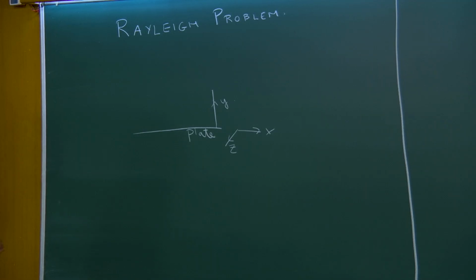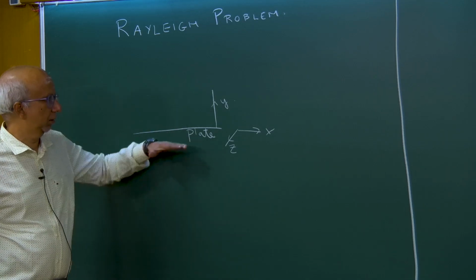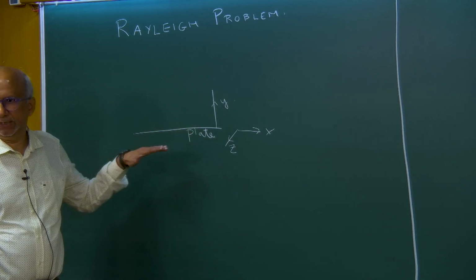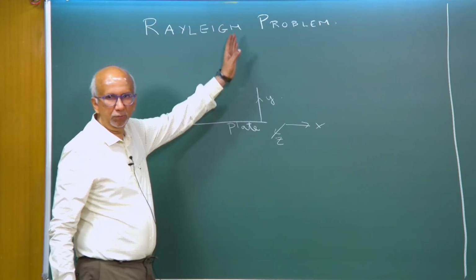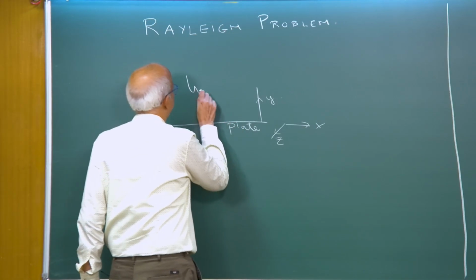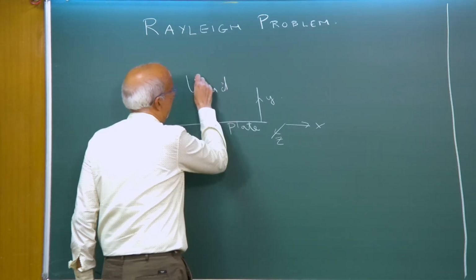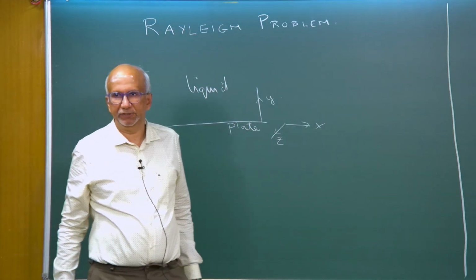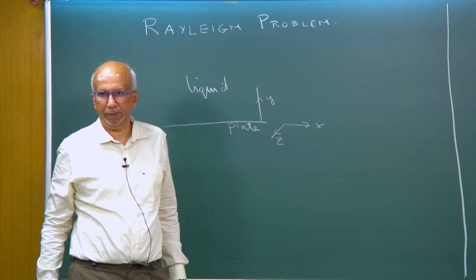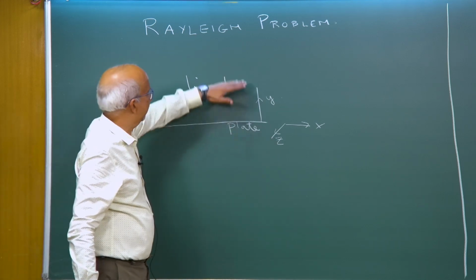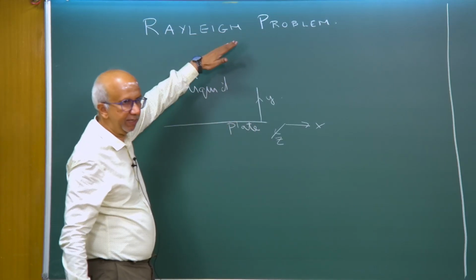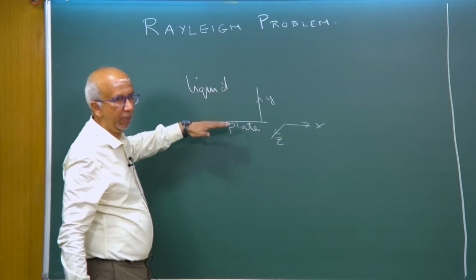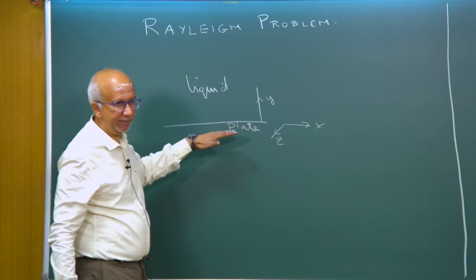So, you have a plate which is infinitely long, okay, extending to infinity in the x and z direction, and there is liquid above this plate which extends to infinity in the y direction. Okay. So, you have liquid extending to infinity and the plate is extending in the x and z direction to infinity.